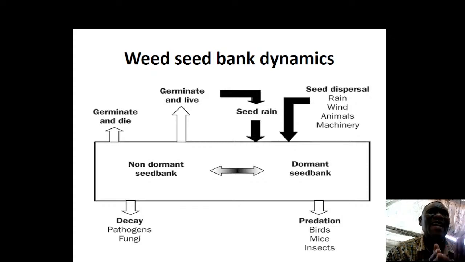It's either they are non-dormant seed bank or a dormant seed bank. Non-dormant seed bank, you can easily withdraw, if it was real money in a bank, this is liquid money which you can easily withdraw. But some monies are fixed, dormant. You cannot just go there and withdraw them.